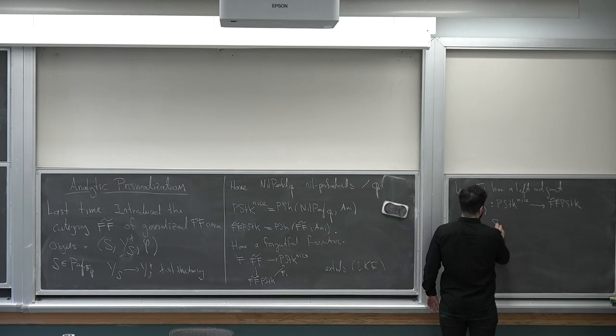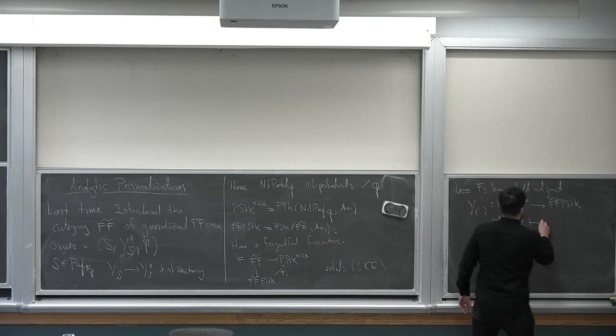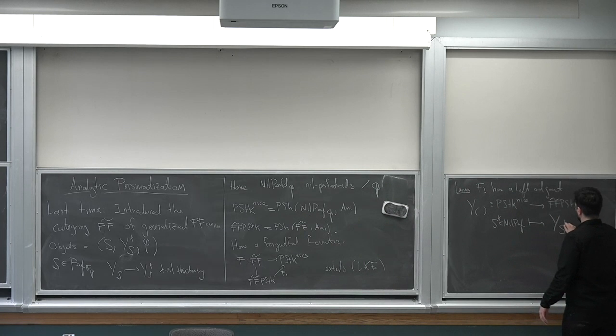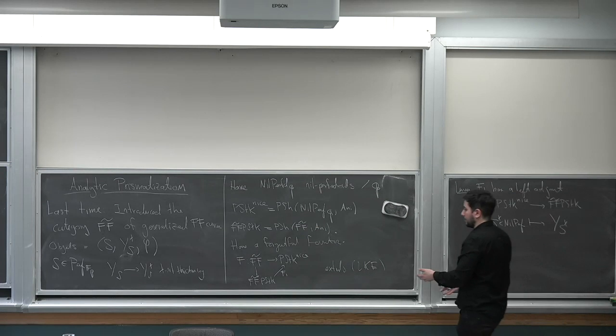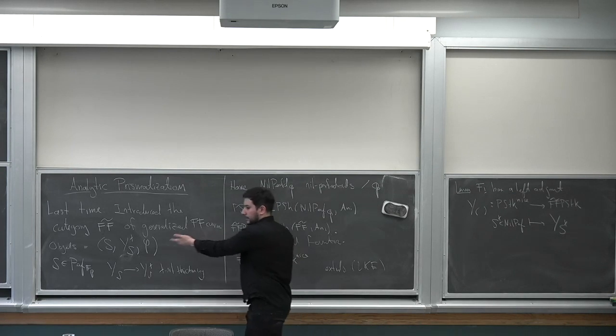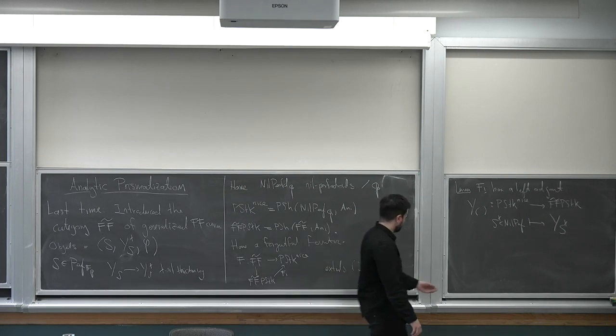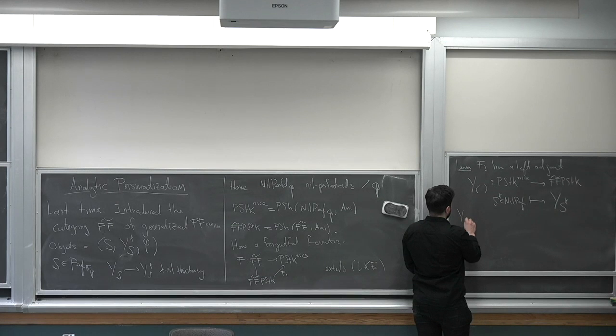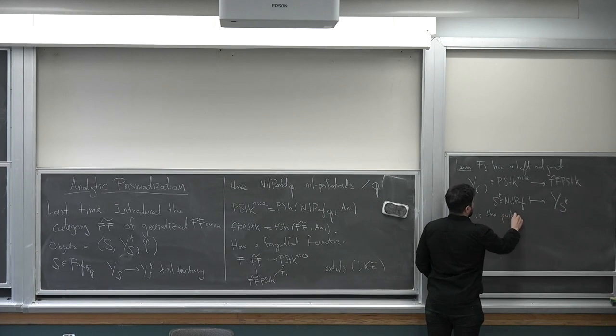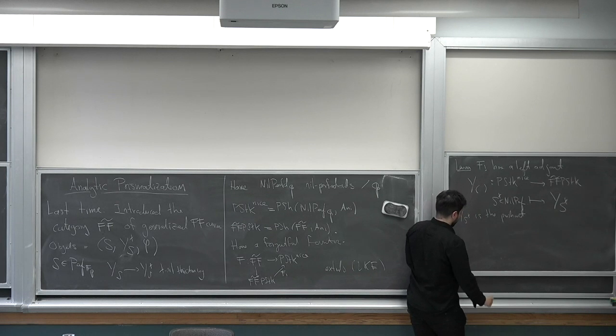It sends perfectoid S to an object that we just call Y_S, and it's going to be the initial curve to which S maps in this category. So quickly, this is given by a pushout.